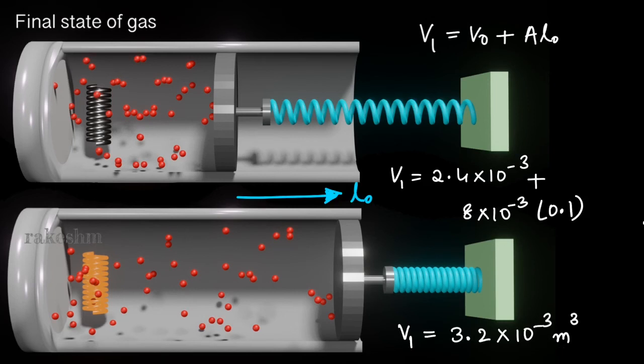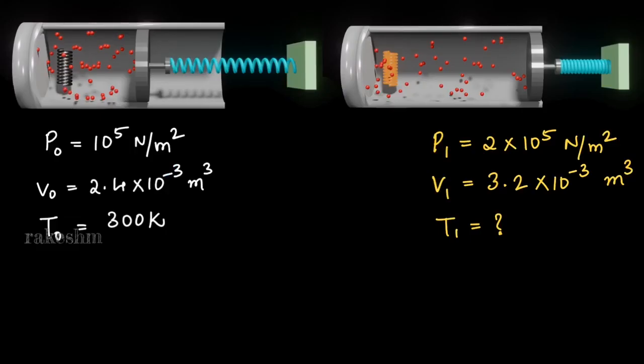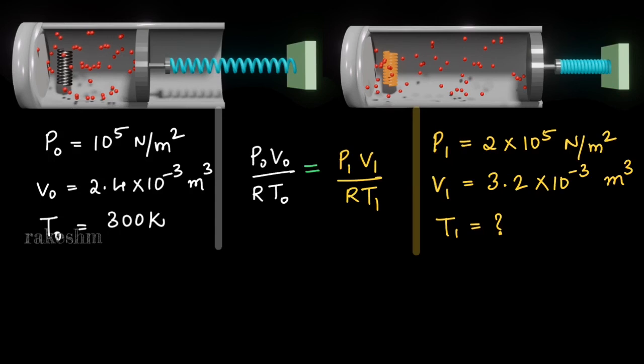So now we know the final pressure and final volume of the gas. In the initial state of the gas, we are writing all the variables here, and in the final state of the gas, we are writing all the variables here. The only one which we do not know is T1. We'll just equate the initial number of moles to the final number of moles and find out what T1 is. The number of moles is PV by RT.